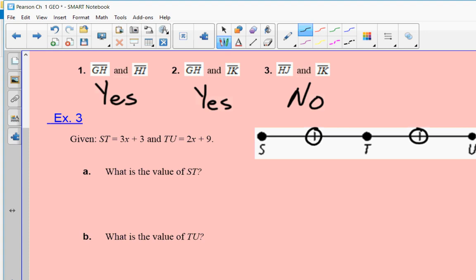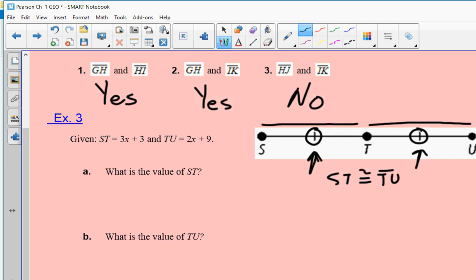So these have the same mark, which means this is equal or congruent to that. Technically, since they have endpoints here, I could say that ST is congruent to TU, and that's going to help me a little bit here.